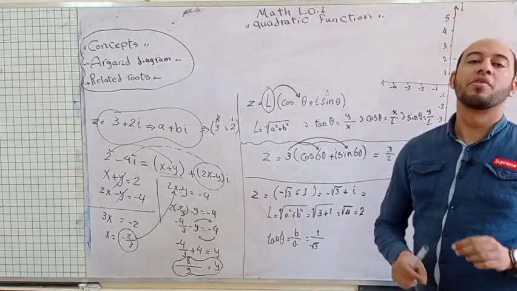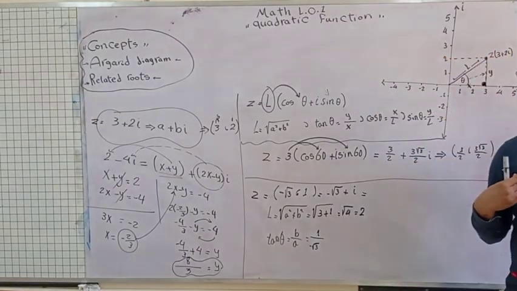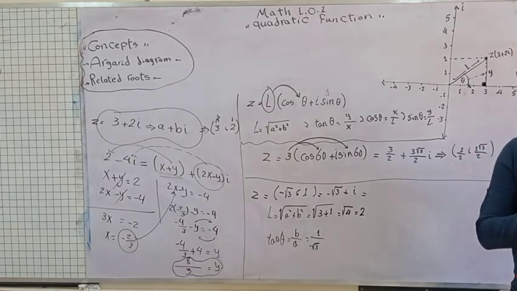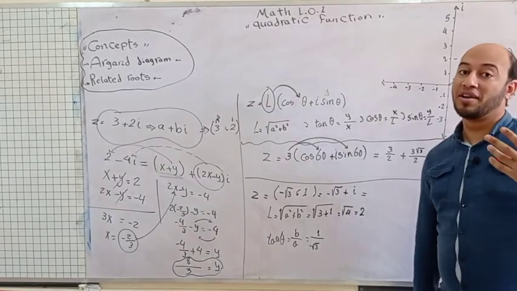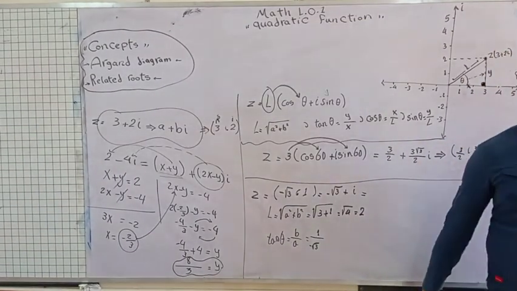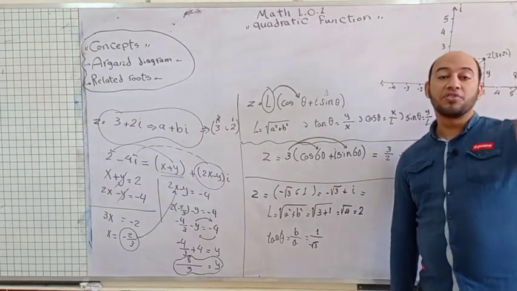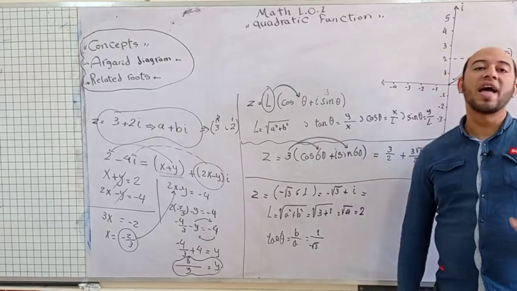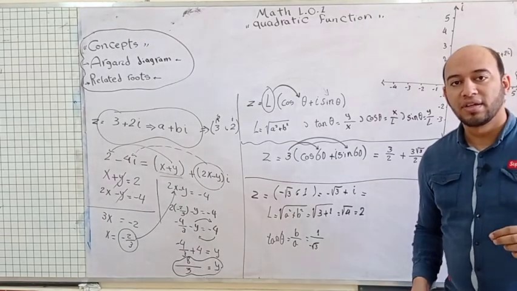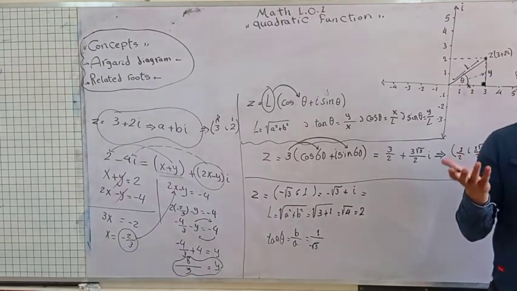Write the number with a positive sign. This is the first step. Then I will write shift tan 1 over root 3 equal. The argument will be equal 30, because tan 30 equals 1 over root 3. 30 here is the acute angle. This is not the right answer, because we are not in the first quadrant. Then theta must not be an acute angle.